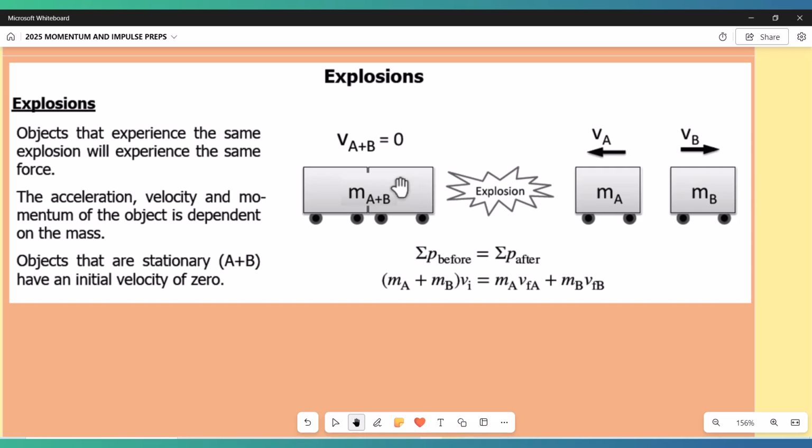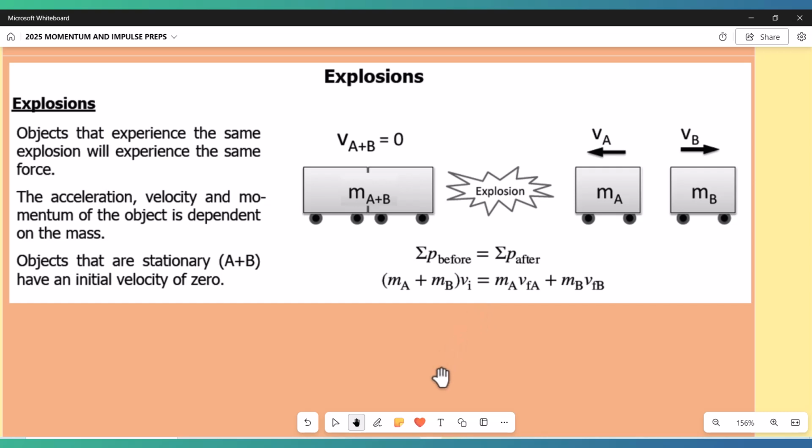They can be together when they are at rest or when they're in motion. If they are together, the mass of A and B must be added, that's why you're saying MA plus MB with the initial velocity here. Then after the explosion, they separate. As you can see, A is going to the left and B to the right. Then we can substitute and do our calculations.